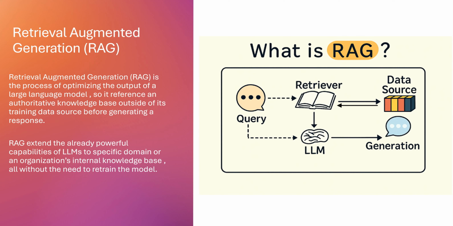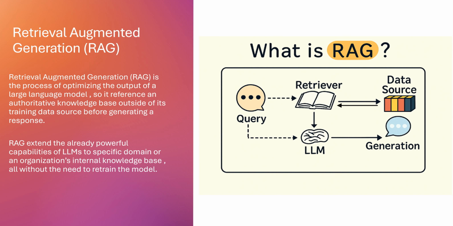If someone asks about company policy before the RAG system is put in place, it will give a hallucinated answer. It's not giving the correct answer, but it tries to give some answer, so that answer is wrong. Once you put your database in your RAG system, the LLM will give the exact answer.